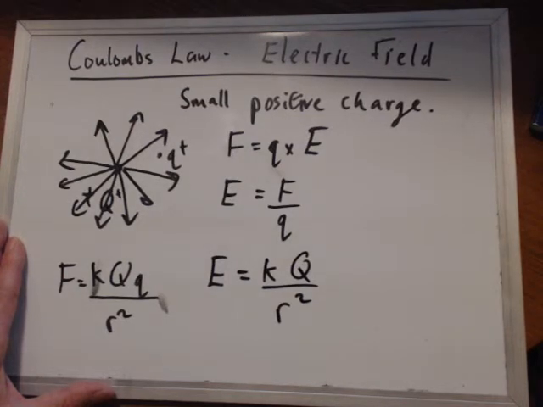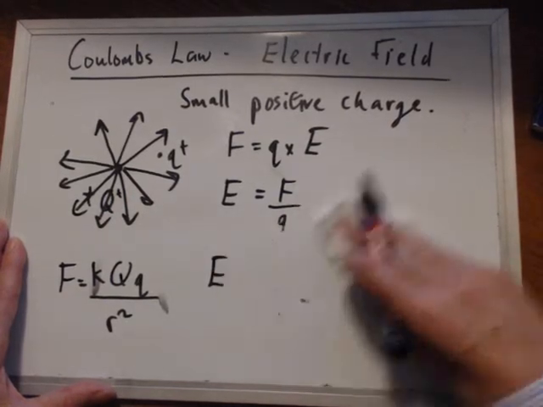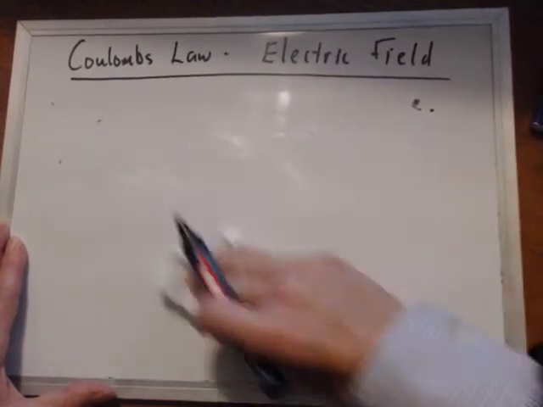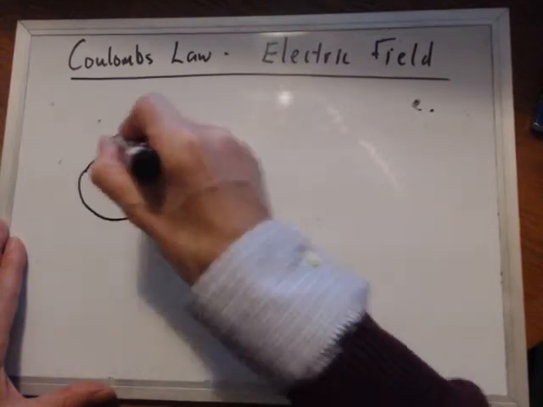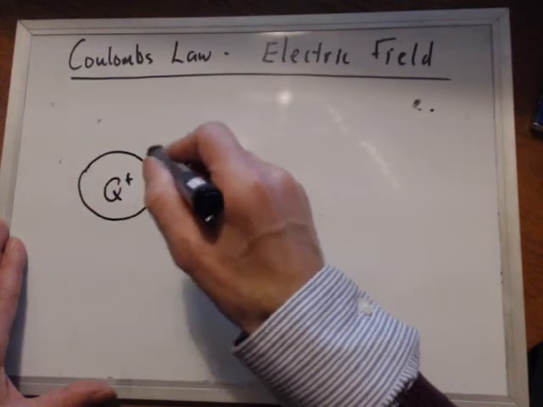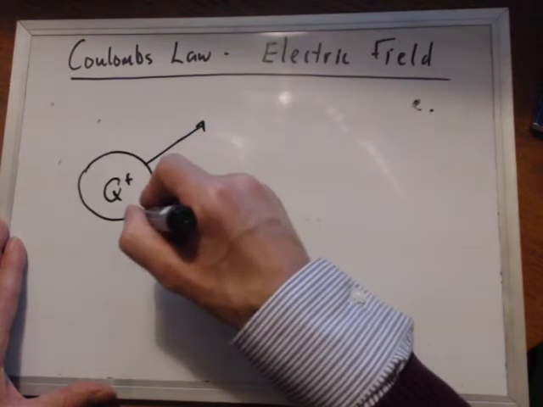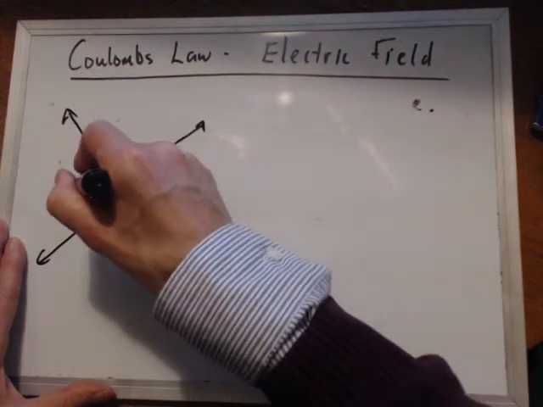Now, so far we've been talking about small point charges. Well, the same applies for spheres. So, if we were to draw this as a sphere instead, using hollow spheres, as in the Van de Graaff generator, so this is a hollow sphere, and if it's a positive Q, there would actually be no charge at all in the middle, but it would act as if the electric field was pointing out from the very middle.